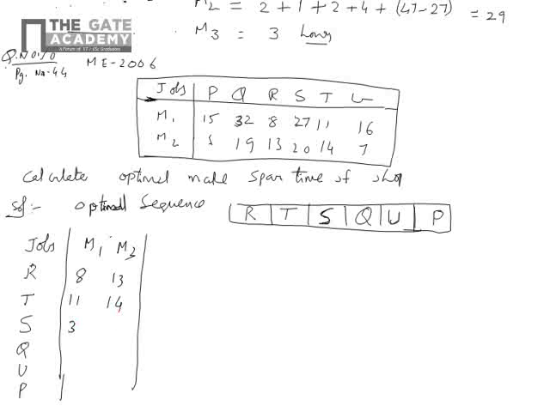For Q, 32 and 19. For U, 16 and 7. For P, 15 and 6. I'm writing these because there is a high chance of making a mistake.